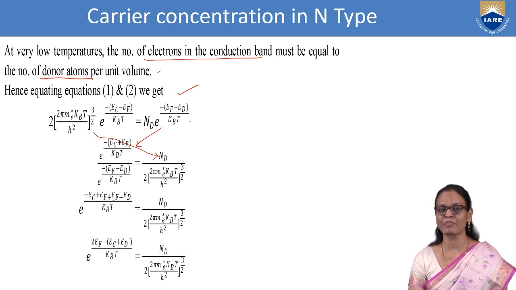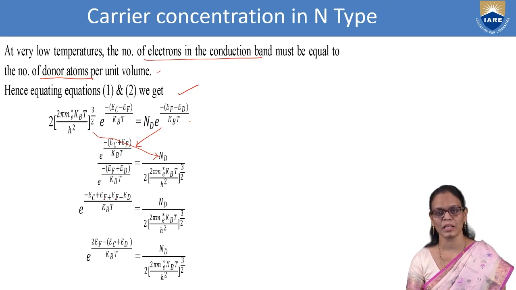Now let us simplify these things. Whatever we have in the denominator, because it is the same base, we can take it to the numerator and write it as e power minus Ec plus Ef, because we have minus Ec and Ef. I am bringing this minus Ef also to the numerator. It becomes plus Ef minus Ed.